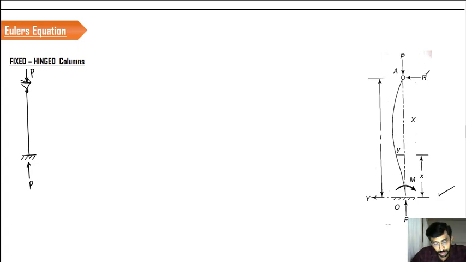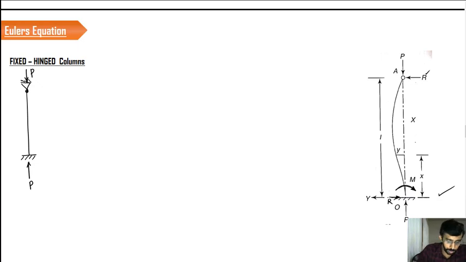If there is a reaction here, obviously it has to have another reaction here. So that's how this R comes into the picture. If you look at the hinged condition, there was no R because there was no horizontal reaction developing at that position. Here the reaction occurred just because of the presence of M, and now we have an R here.